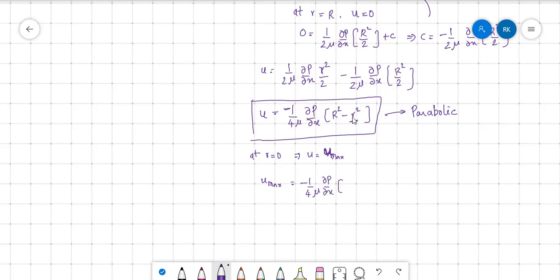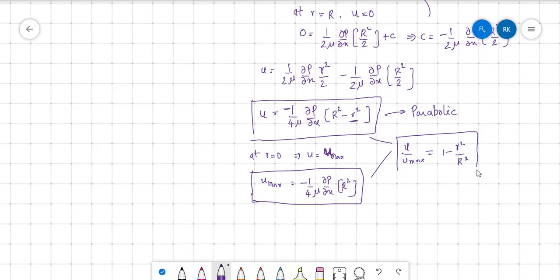Keeping small r is equal to 0, we will get capital R square. So there is an important relation, u by u max. If you divide u with the u max, that will give us 1 minus small r square divided by capital R square. So this is another important one.